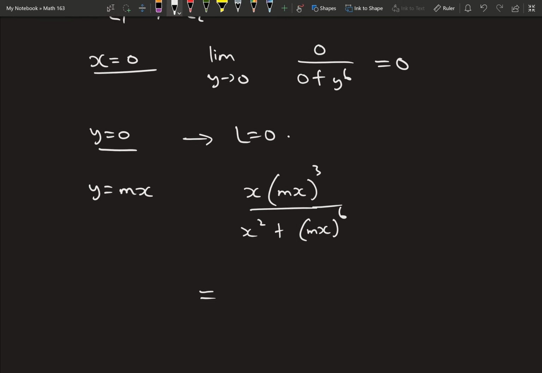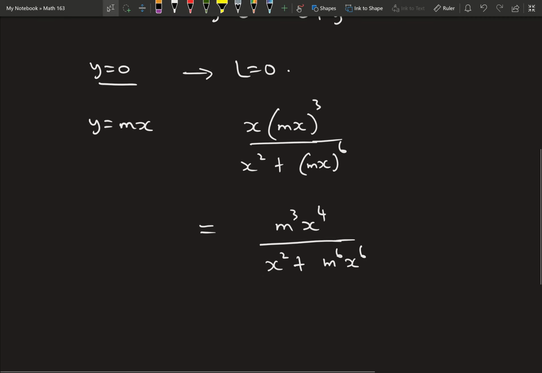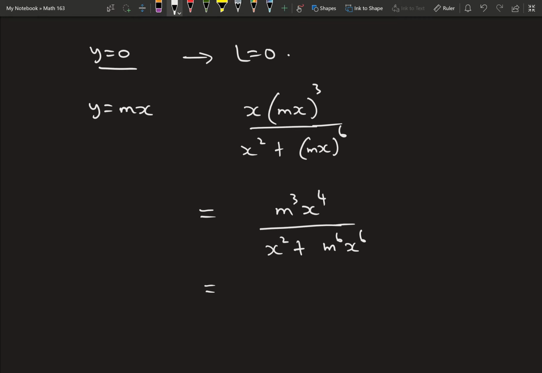We have m cubed x to the 4th divided by x squared plus m to the 6th x to the 6th. And so we can factor out, so we're taking the limit here as x goes to 0, by the way. Forgot to write that.